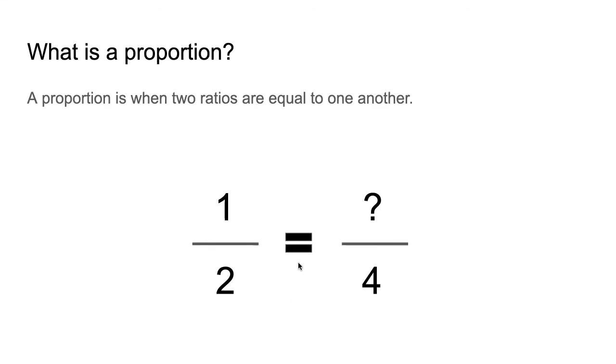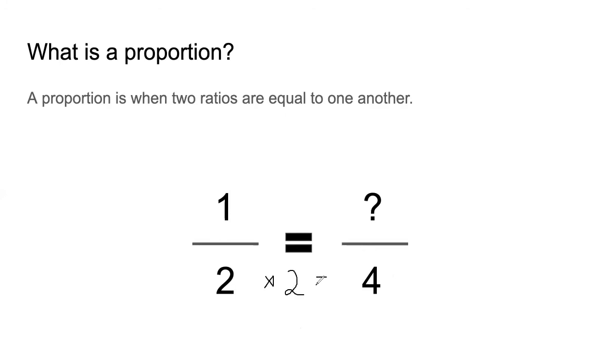So when you have two fractions that equal one another, basically what that means is you're going to multiply both the top and the bottom, the numerator and the denominator, by the same number. So if we turn 2 into 4, what do we have to multiply 2 by in order to get to 4? 2.